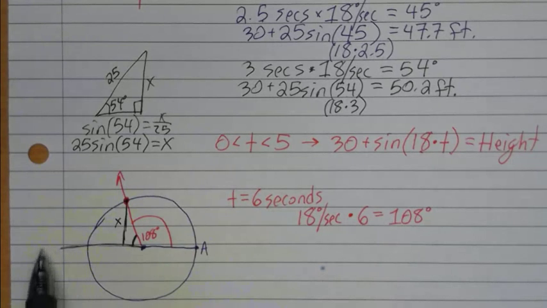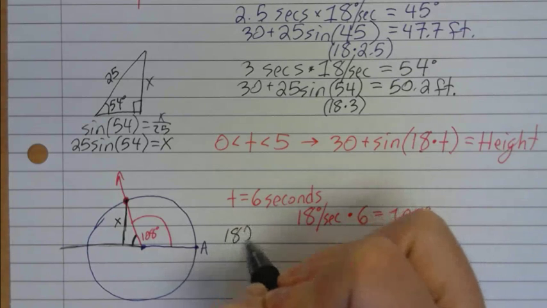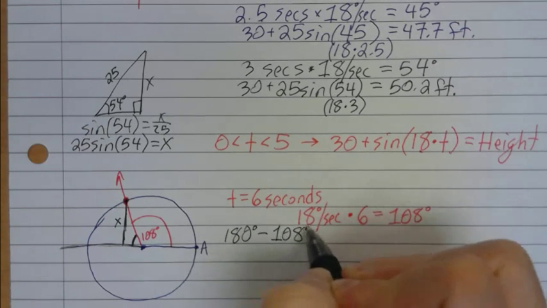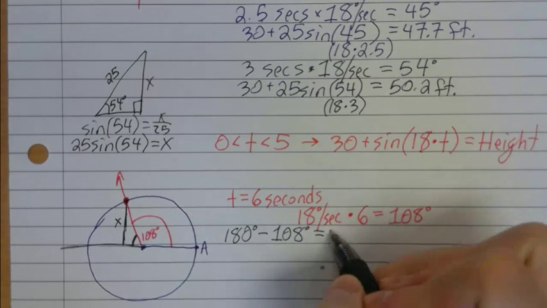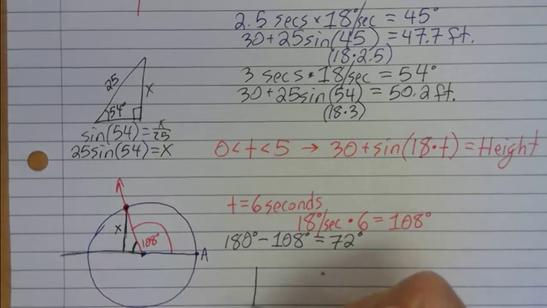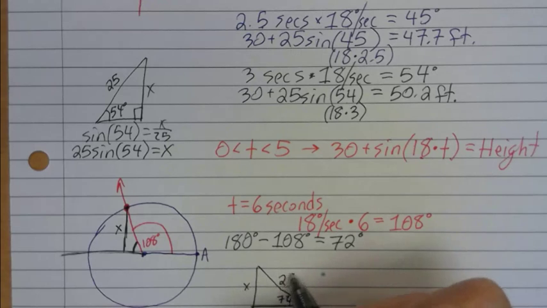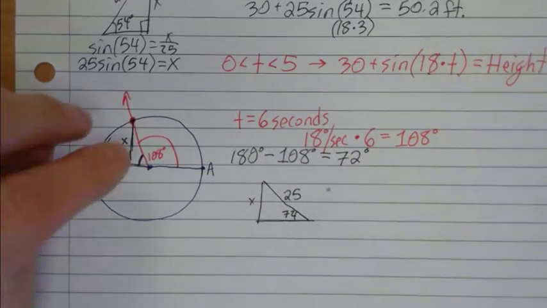If I know that half of a circle is 180 degrees, I can do 180 degrees minus 108 degrees, and that gives me an angle to use that would be 72 degrees. So if I have that little triangle where I have a 72 degree angle, x, and my radius is still 25, I can use that to solve for x.